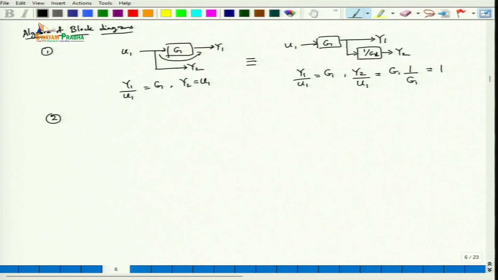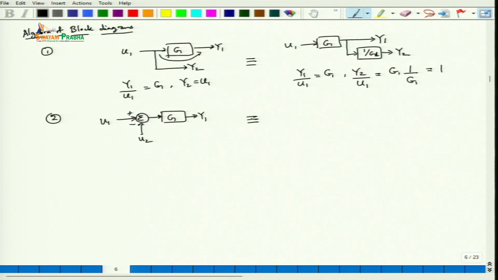Another common rule for algebra of block diagrams is: we have u1 here, we have u2 here, we do u1 minus u2 and it is fed to G1 to get y1.